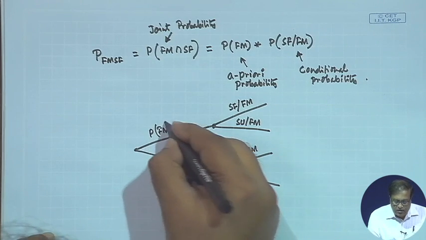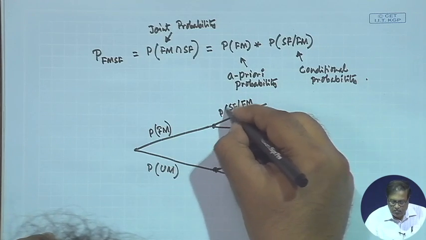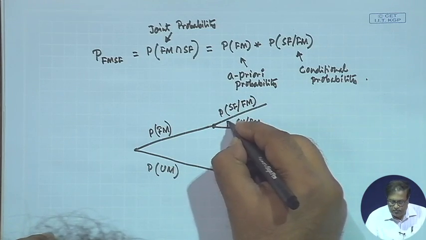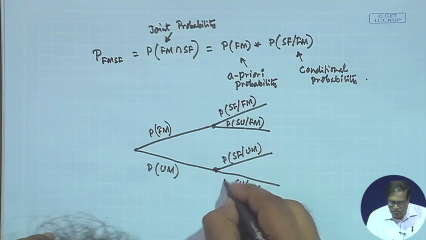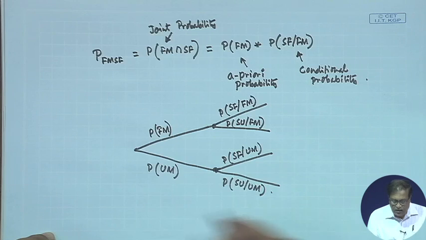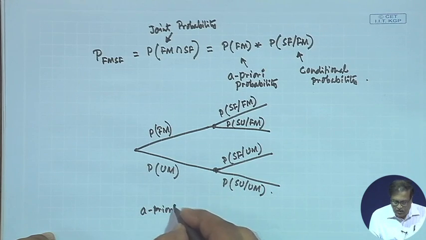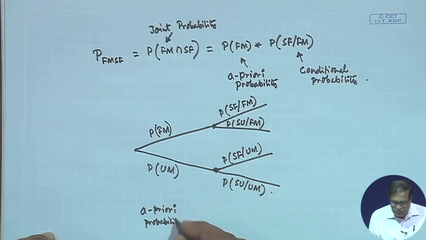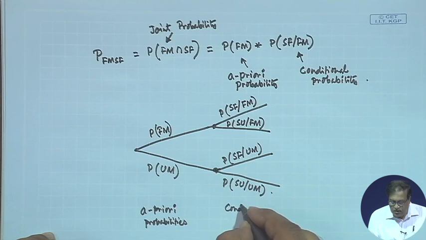So, these are some probabilities. Right. So, these are a priori probabilities and these are conditional probabilities.